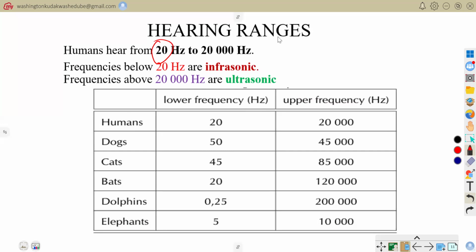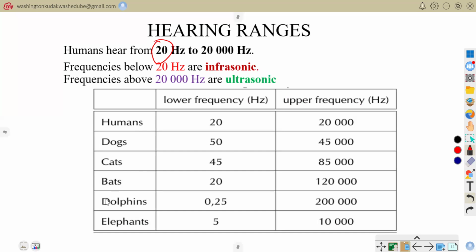Anything less than 20 hertz, we call infrasonic, meaning that we can barely hear it with our ears. Meaning that a sound coming from, let's say, 1,000 miles, you can barely hear it. That means that sound has a frequency lower than 20 hertz.